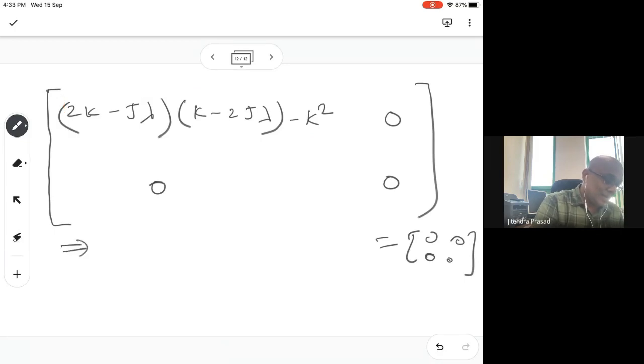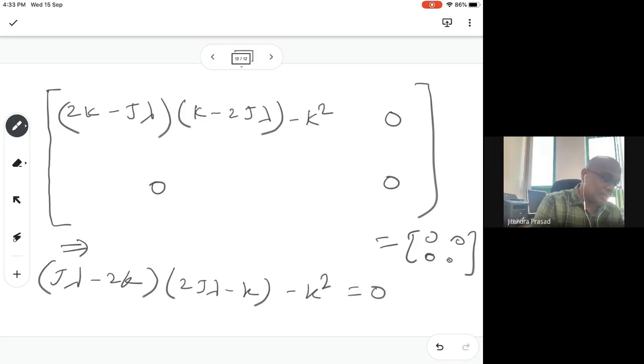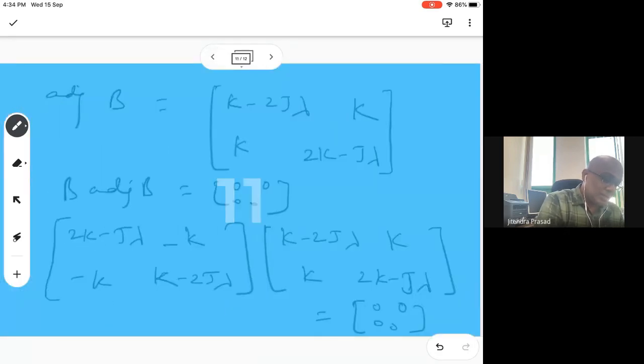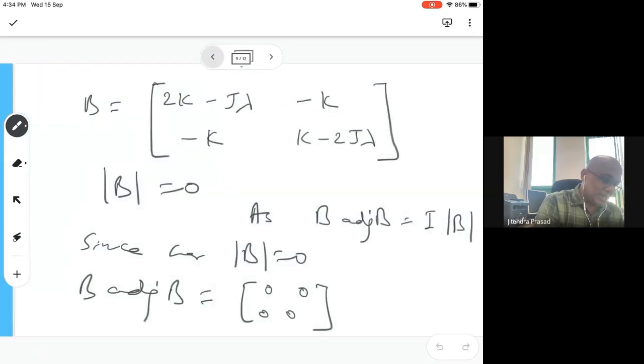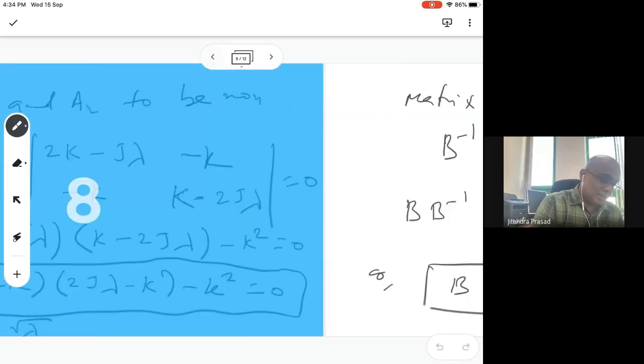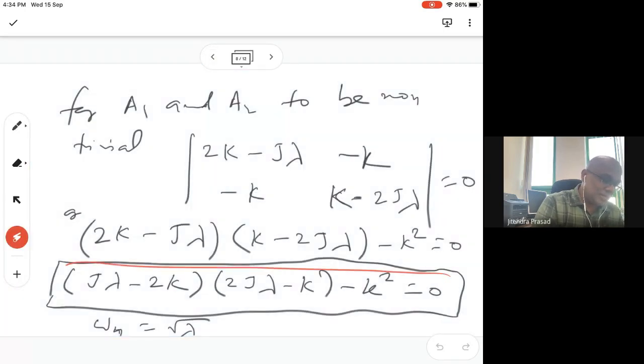So again, this is the minus J lambda minus here. So we can write J lambda minus 2K multiplied by 2J lambda minus K square is equal to 0. And the same equation we get here if you compare with the earlier equation that we wrote by making determinant equal to 0.